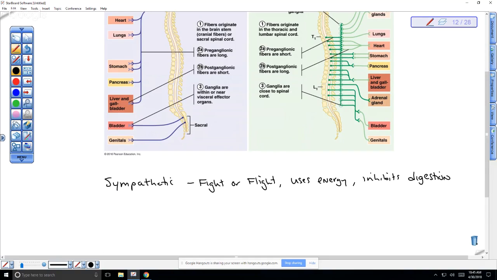So in this case, the ganglia, oops, let's not talk about the ganglia first. Let's say that they have a thoracolumbar outflow. And then the ganglia are located close to the spinal cord.